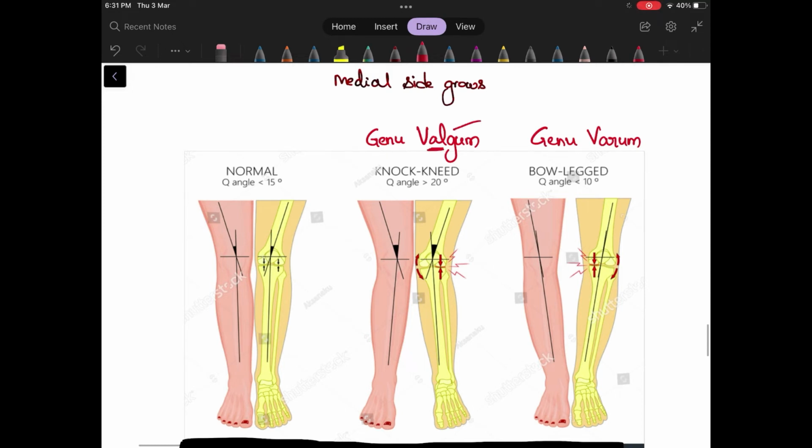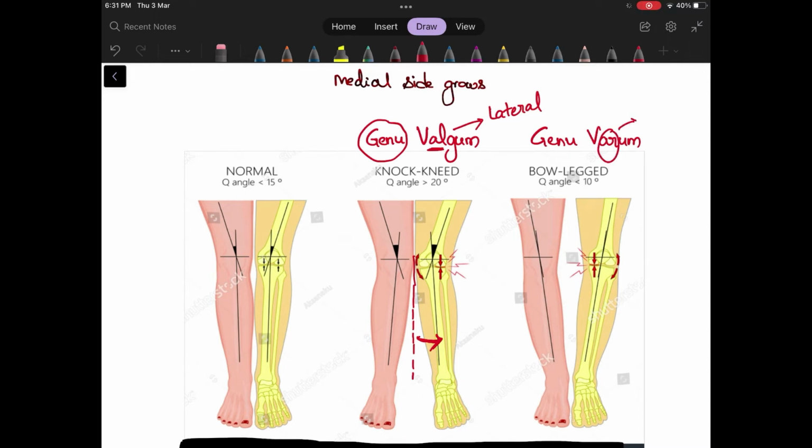Valgum, immediately you have to remember, valgum means lateral. What is lateral? The leg. When we are talking about Genu, the leg becomes the distal part for that Genu. So the leg is moving away from the midline. If you think this is the midline, here the leg is moving away. If there is lateral deviation of the leg from the knee joint, then it becomes valgum.